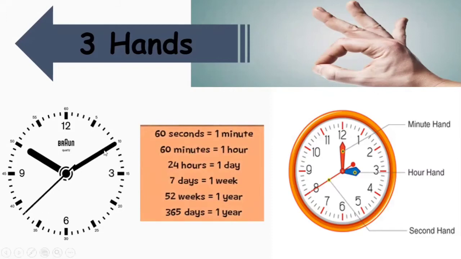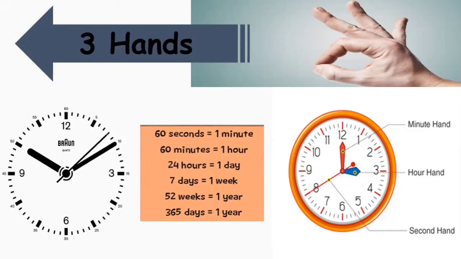Now, when the minute hand takes one step, we get 1 minute. But when the minute hand completes 60 steps, we get 1 hour. That is, the hour hand takes one step after the minute hand completes 60 steps.